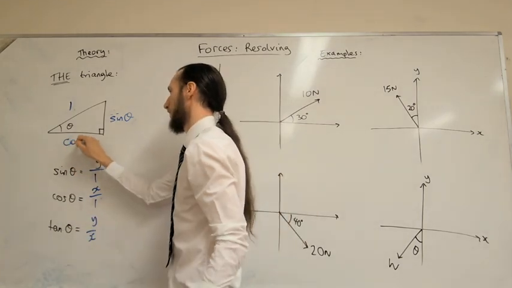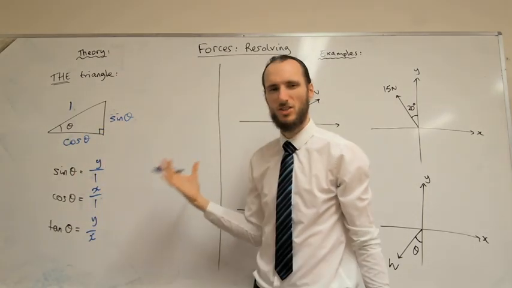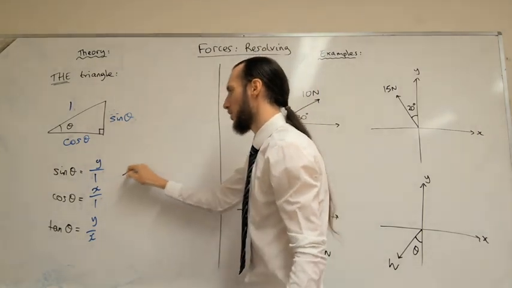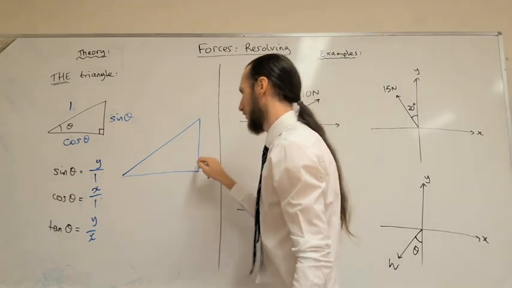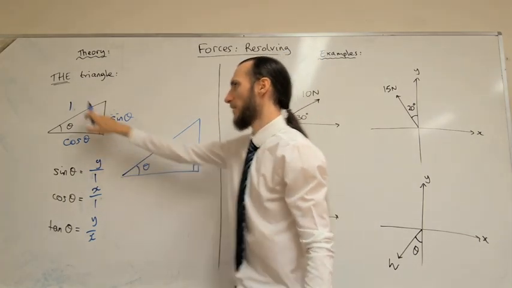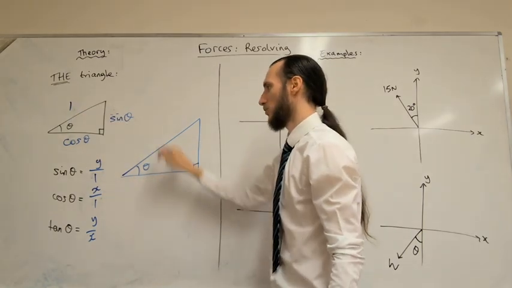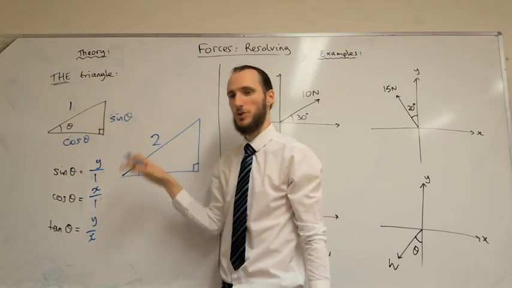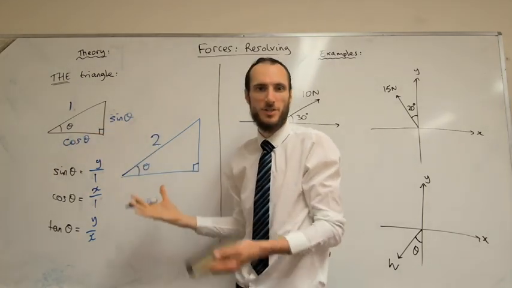Put cos theta here. Why is this triangle so useful? Well, imagine I had a triangle that was just a bit bigger. Same angle here, but rather than being a 1 here, let's say it's now 2. So I've taken the 1 and doubled it, which means I've doubled all the sides because it's just a similar triangle.